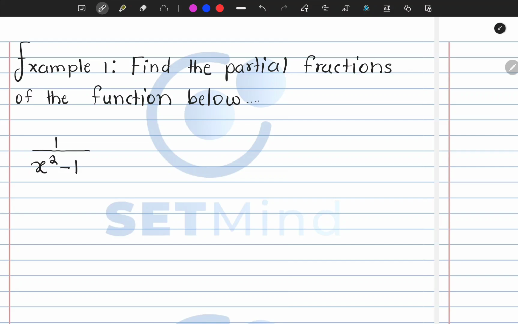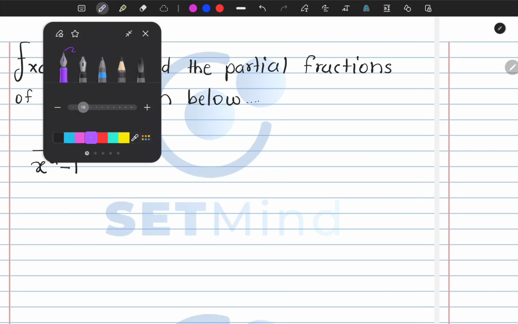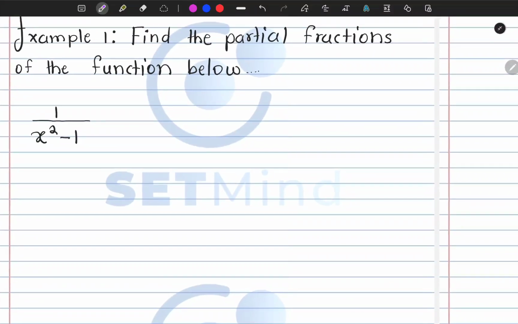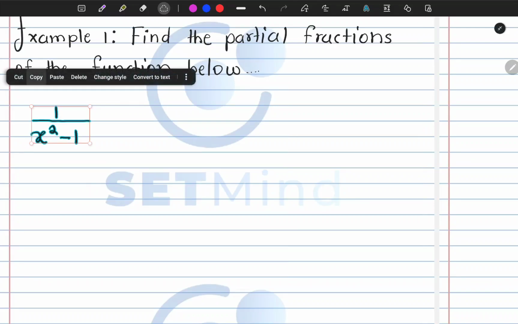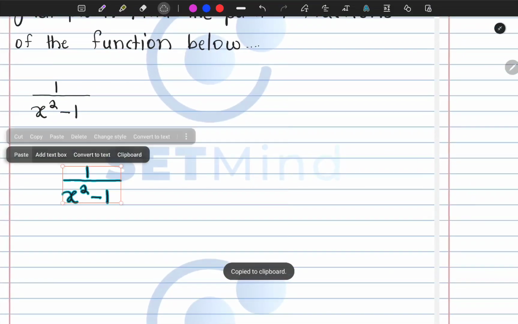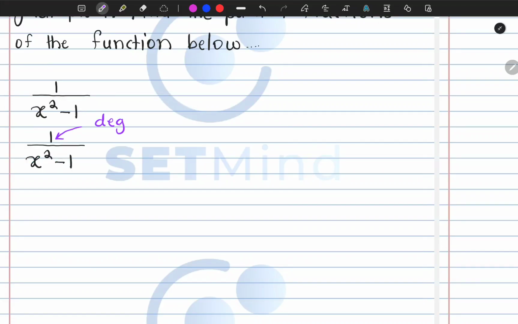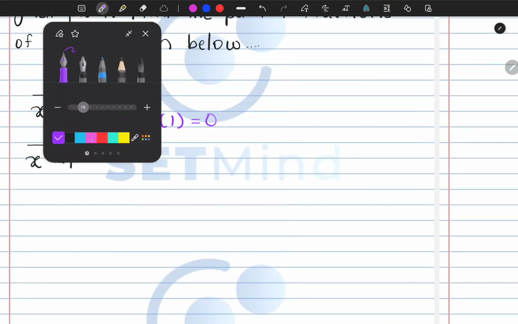Okay, so let's have a look at example 1. For example 1, we are required to find the partial fractions of the function below, and the function which we are given is 1 over x squared minus 1. So here we do not need to do any division of any kind or long division, as I previously mentioned, because when you look at the numerator, you have 1 there. And by now you should know that the degree of 1, which is a constant, is 0.